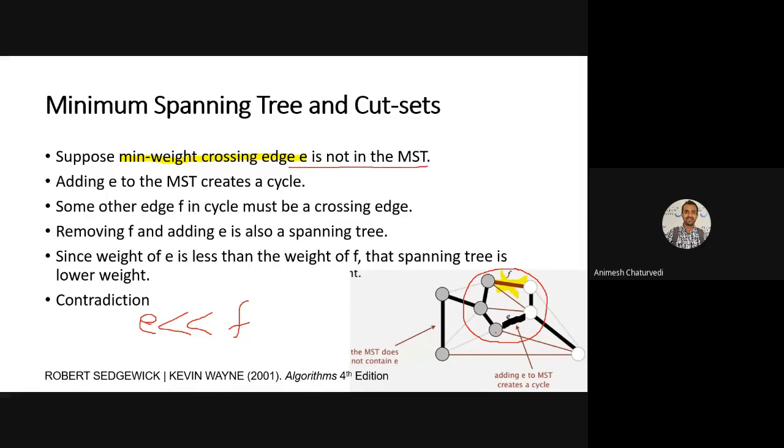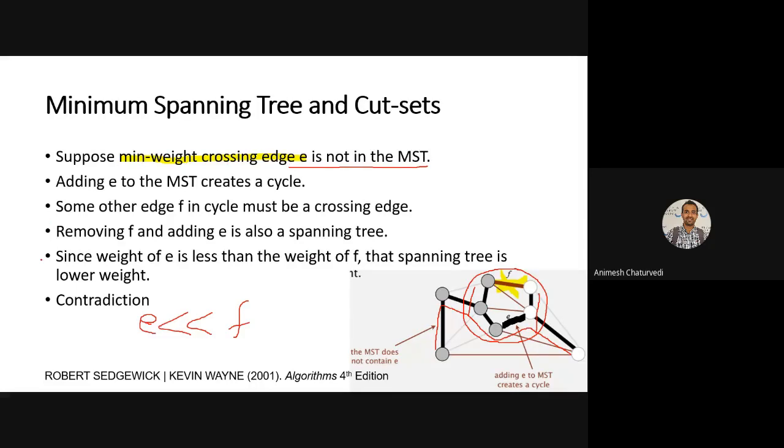Now what you are concluding is that the minimum spanning tree we have now drawn should have a lesser total weight. Why? Because E is lesser as compared to F. You haven't changed anything, you just replaced F with E. So E is part of the minimum spanning tree, because E is the minimum weight crossing edge.